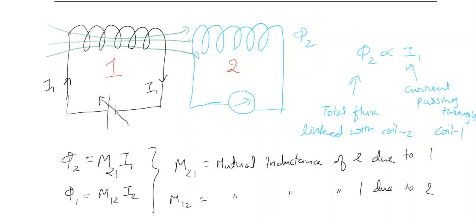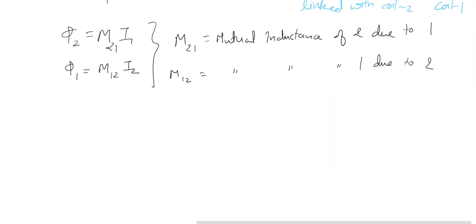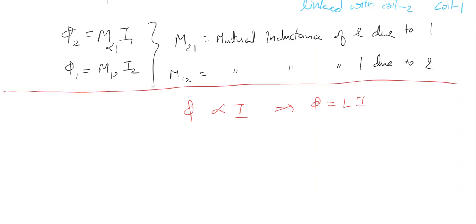So that is mutual inductance, and this is very similar to the one we have in self-induction, where we don't need a suffix. In self-induction, we simply have phi proportional to I, and then we say that phi is equal to LI, because you have only one coil, so flux and current are both of the same coil.